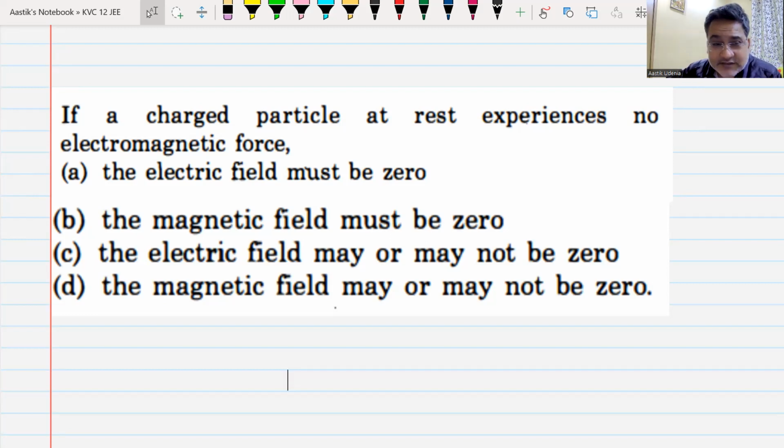Remember, this is a multiple choice correct, so more than one option may be correct. Which are the correct options? Take a deep breath, open your eyes, look at the options, and give me the correct answer.